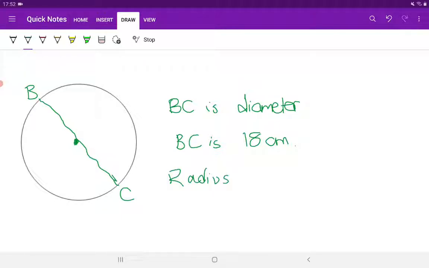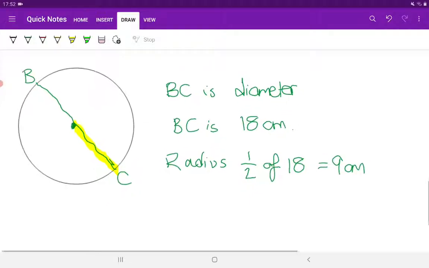The radius of the circle, remember, is just the distance from the centre to the outside in a straight line. So if the whole distance from B to C is 18, then we're looking at half the distance this time. So the radius is half of 18, which is going to be 9 centimetres.